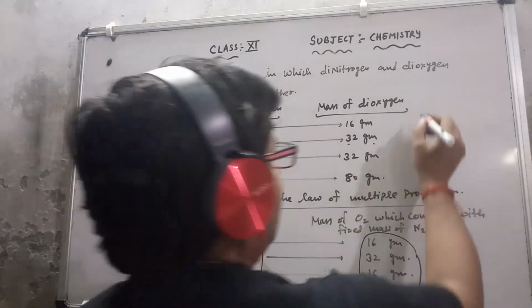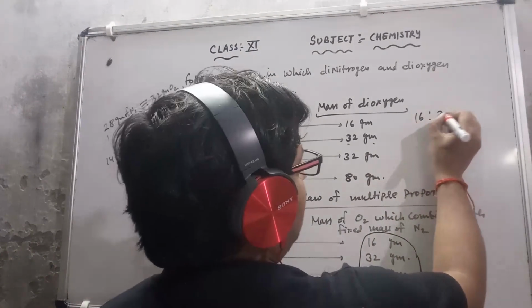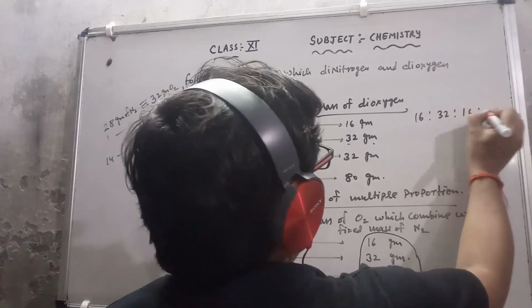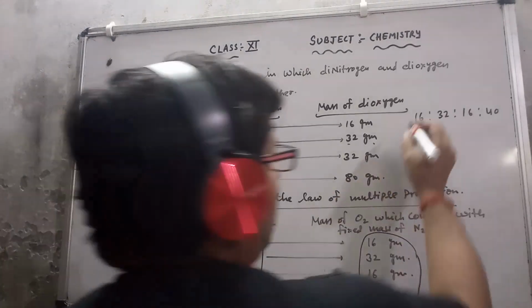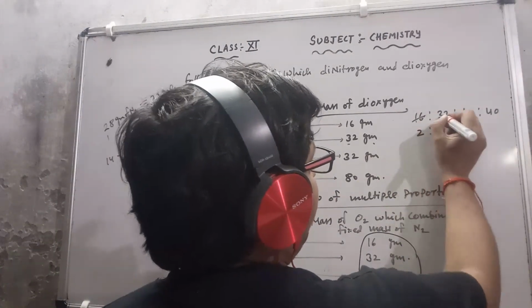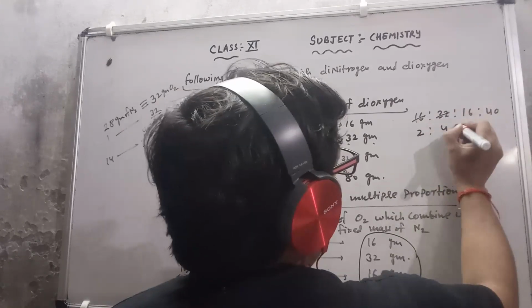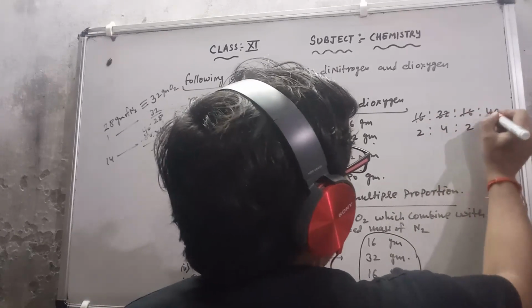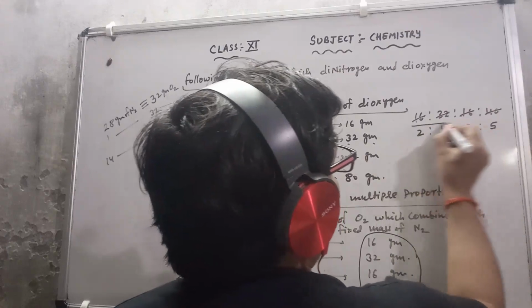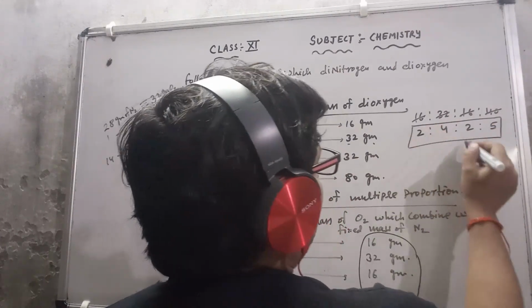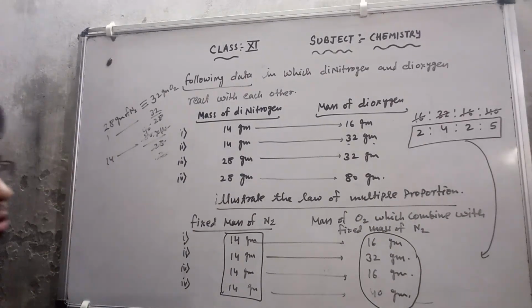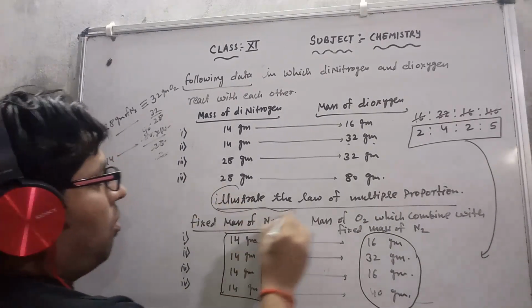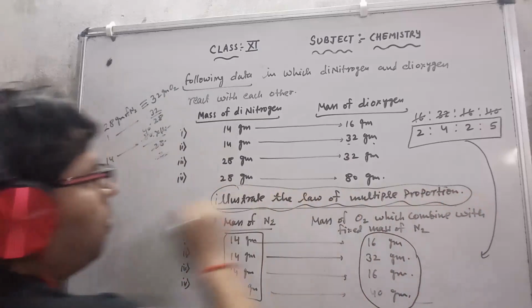So this is 16 : 32 : 16 : 40. What will the ratio be? 8 times 2 is 16, 8 times 4 is 32, 8 times 2 is 16, 8 times 5 is 40. So 2 : 4 : 2 : 5. This is a simple whole number ratio which illustrates the law of multiple proportion.